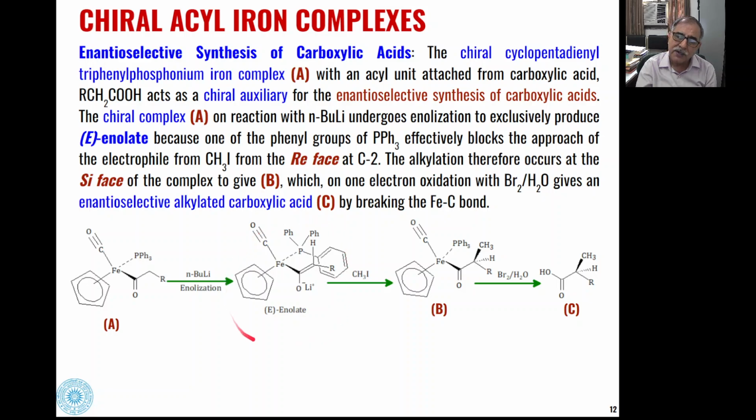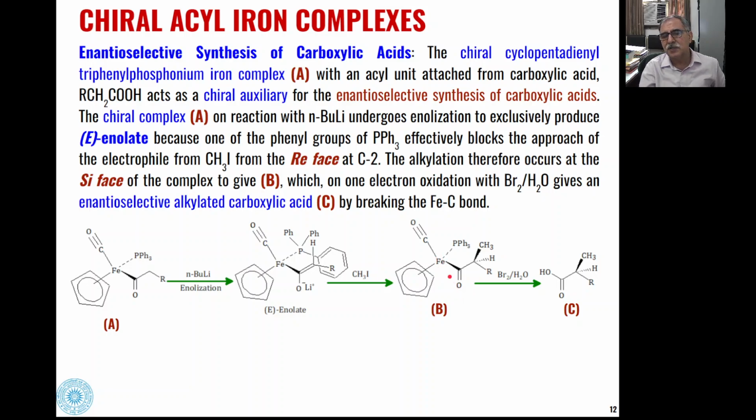And here the major enolate formed is the E-enolate, because one of the phenyl groups of the triphenylphosphine will effectively block the approach of the electrophile from the Re face of C2. So the alkylation of this E-enolate will take place from the Si face of the complex to give us these types of complexes as intermediates.